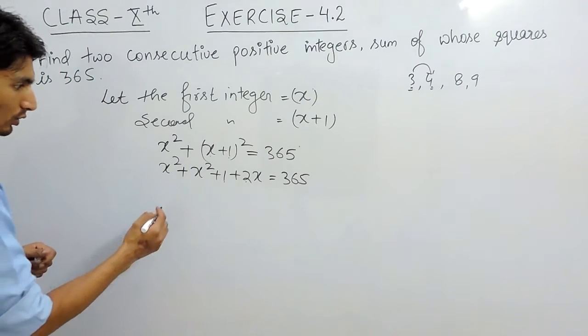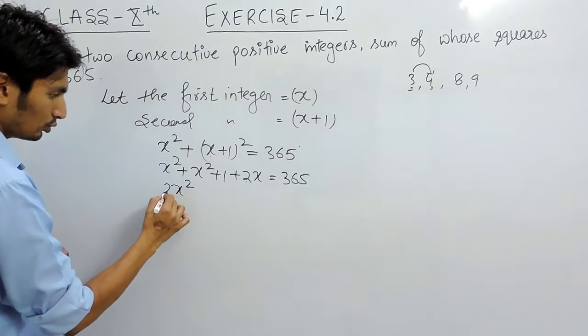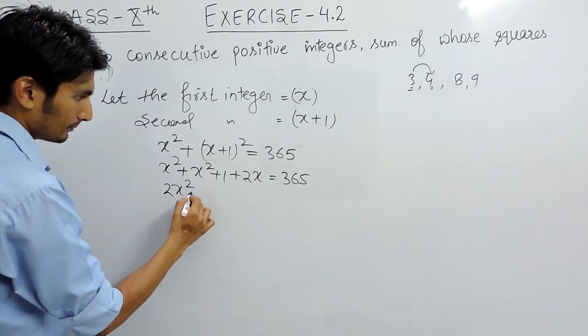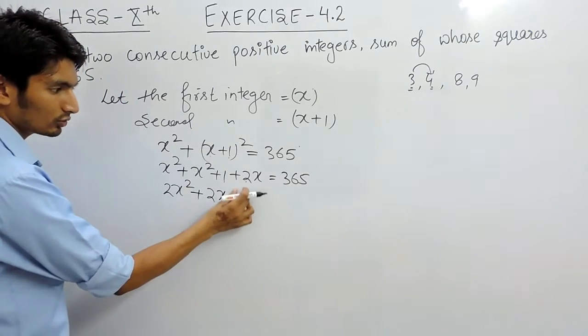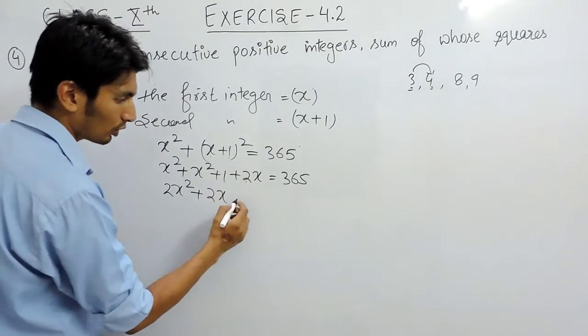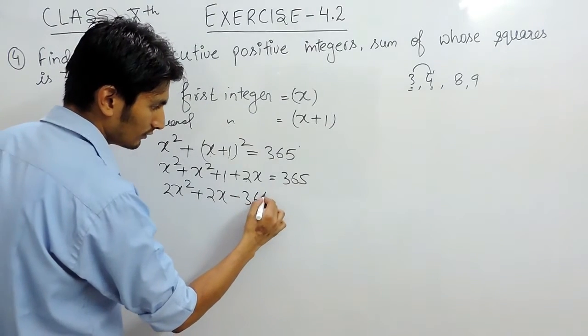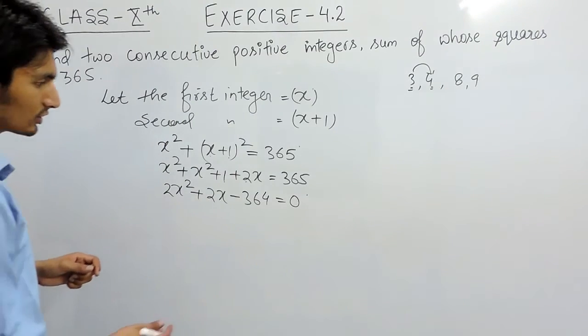Now these are like terms, so this will be 2x squared plus 2x. The 365 when shifted to this side becomes negative, and the constant gives 364, equals 0.